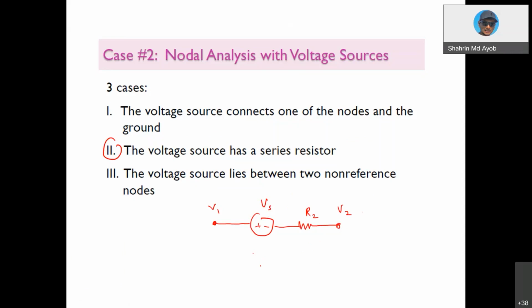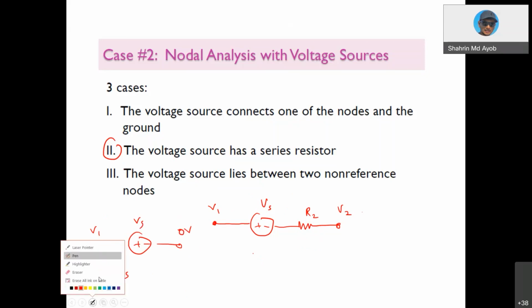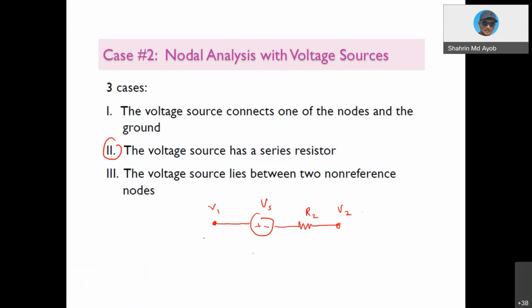The first connection is very easy. You have V1 and a voltage source, and this is not zero, so your V1 is equal to the voltage source. But right now you have a resistor in series with the voltage source. How do you write the equation? We need to assume the current first.